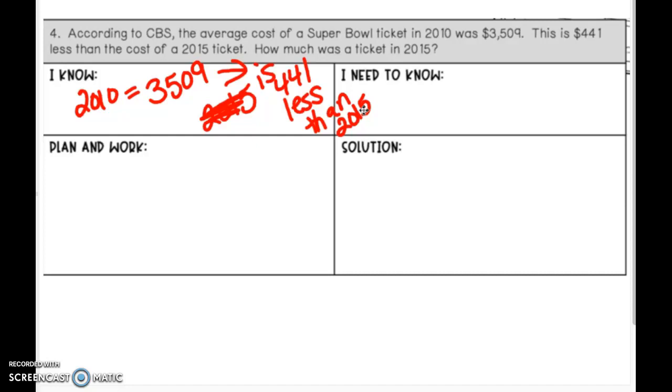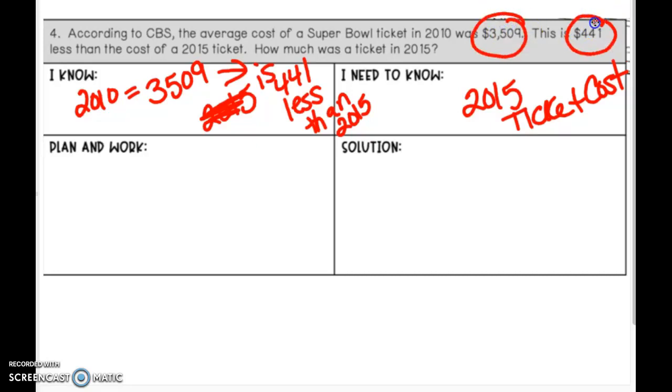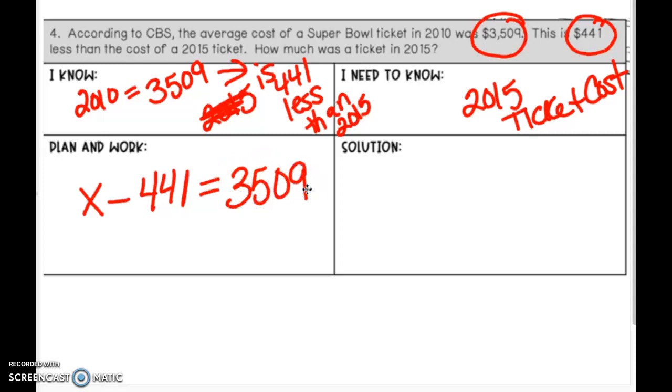What are we looking for? We want a 2015 ticket cost. That's what we're looking to figure out. So we know that this amount here and this amount here is going to equal our new ticket. So we're going to take a 2015 ticket, which we don't know what it is, and we're going to minus $441 from it, and it is going to be equal to a $3,509 ticket.